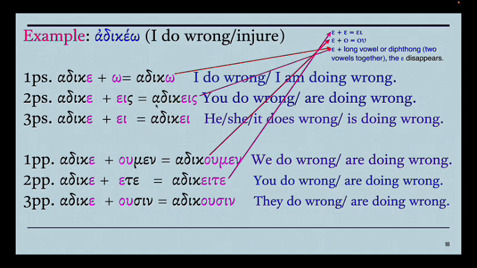One epsilon disappears, so adikeis. And adikeite, again, the same rule here. Then adike plus omen, you see, omicron and upsilon, then it's a diphthong, so epsilon disappears, we'll have adikoumen.